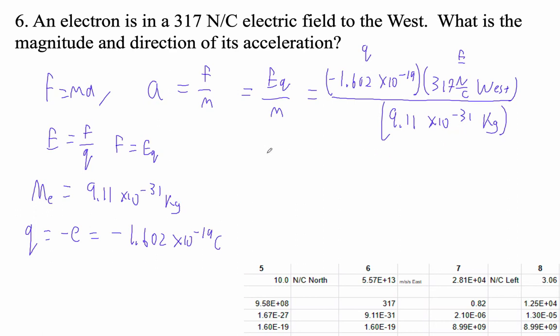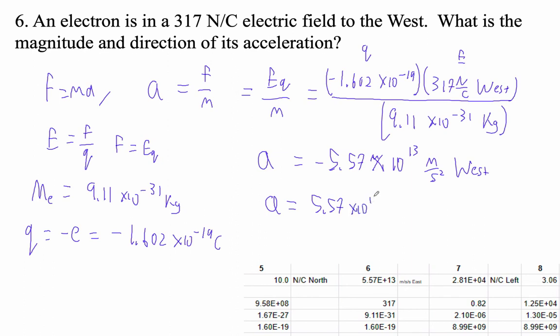So I'm getting that the acceleration is negative 5.57 times 10 to the 13th meters per second squared, and this is to the west. Well, negative to the west is to the east, right? So the acceleration is going to be 5.57 times 10 to the 13th meters per second squared east.